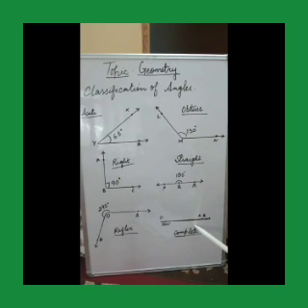There is complete angle. An angle whose measure is 360 degree is called a complete angle. As angle AOB measures 360 degree, it's a complete angle.